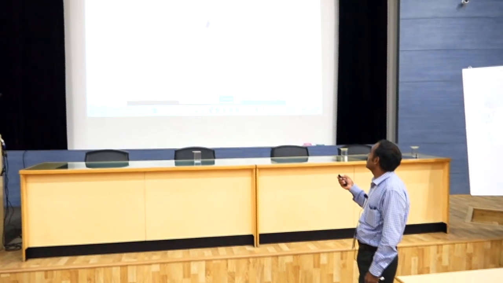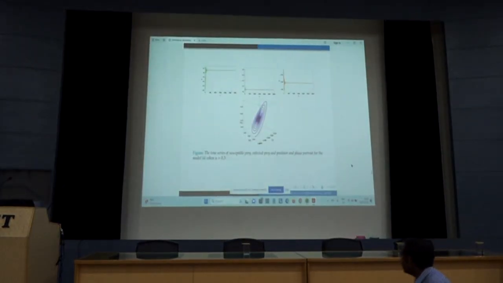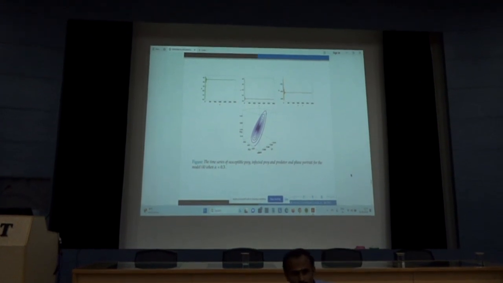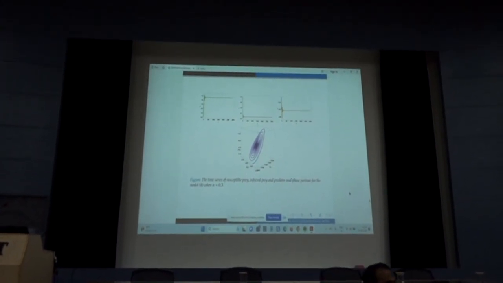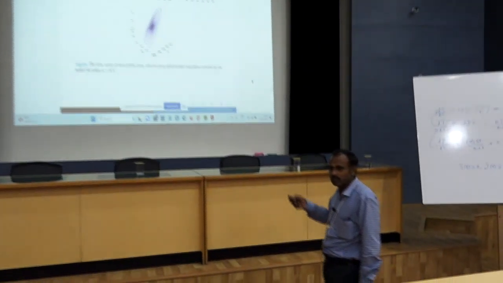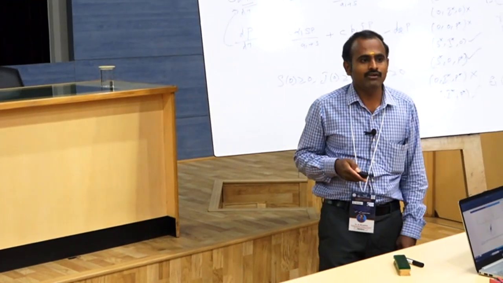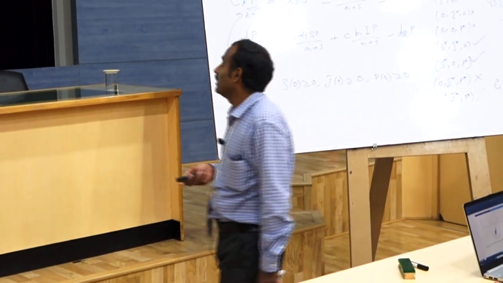Here are the susceptible prey, the infected prey, the predator, and this is a phase portrait. So at alpha equal to 0.3, our system is stable. We keep increasing the value of alpha: 0.31, 0.32, 0.4, 0.5, 0.6, 0.7 and so on. As we increase the alpha value, the system is unstable at alpha equal to 0.7.